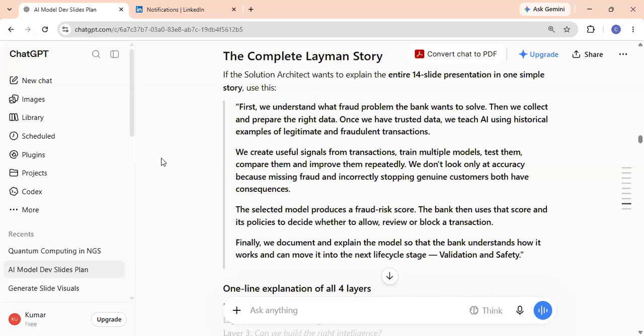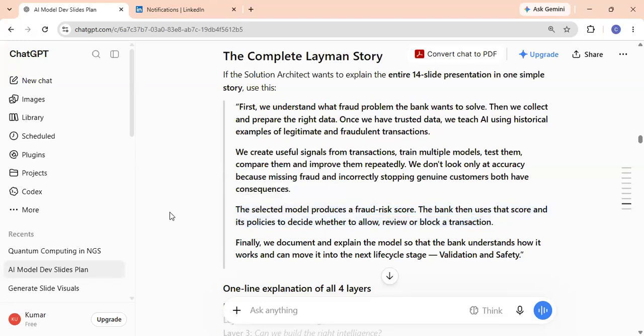It means they lost the business. So everything needs to be done very cautiously in production. The selected model produces a fraud risk score. The bank then uses that score and its policies to decide whether to allow, review, or block a transaction. It means decisions need to be made with evaluations by the model.